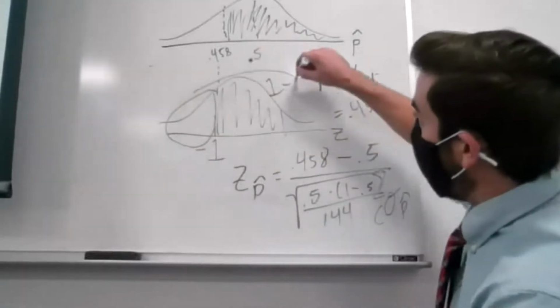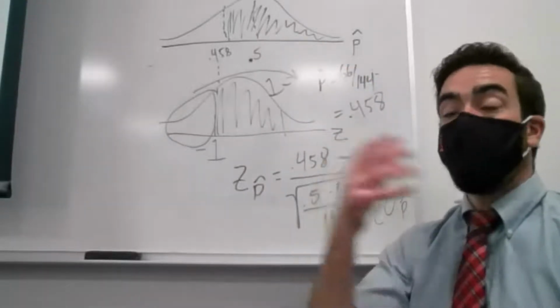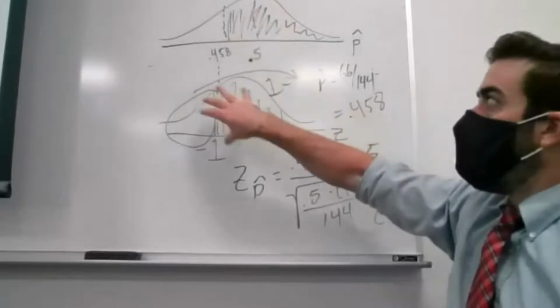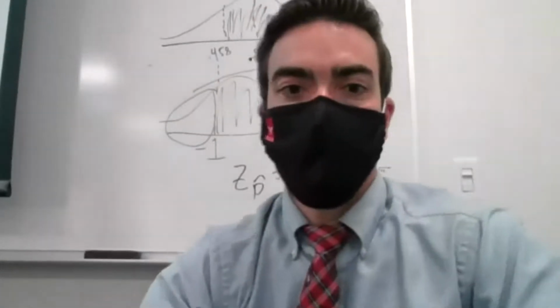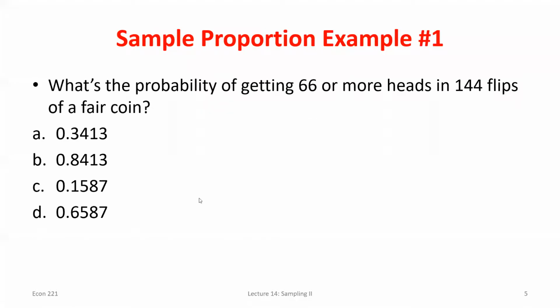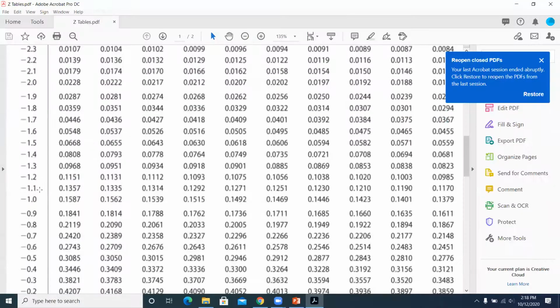So whatever I find from that table, I'll have to subtract it from 1. And that first initial reminder that it has to be greater than 0.5 will prevent me from forgetting to do that last step. So we go here, we look up that z-score of -1, -1.00, 0.1587.